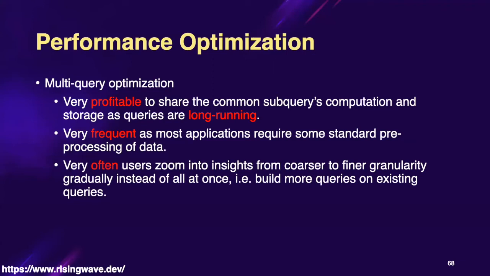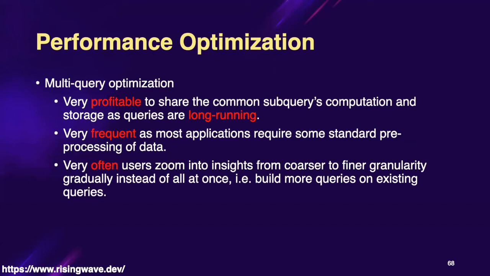And third is that normally when people are trying to analyze some data, they usually analyze on a coarser granularity, right? So if they are sure that they are going in the right direction, then they will apply the finer granularity query to get more detailed insights, right?